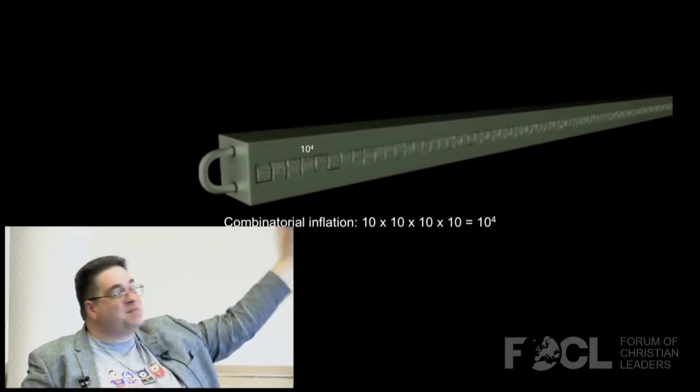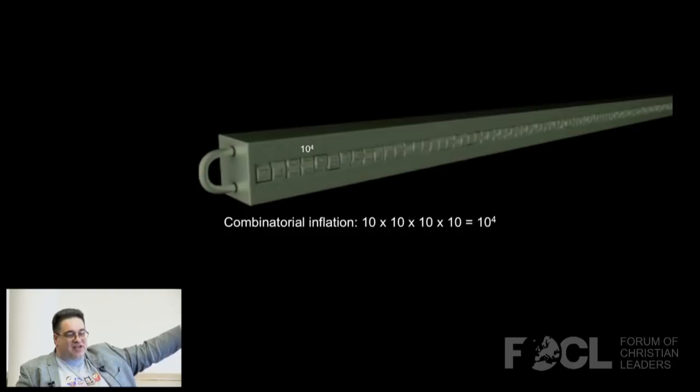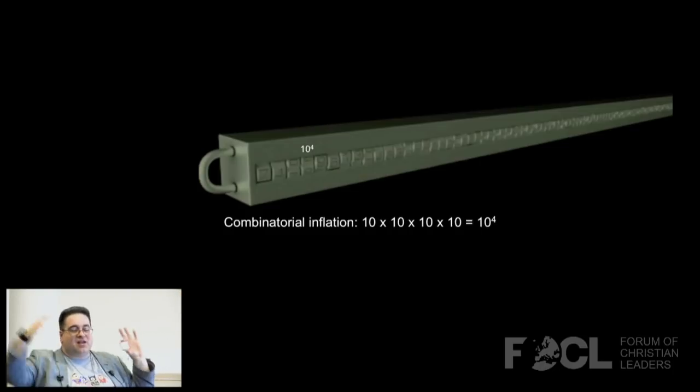So the more tumblers you have, the possibilities increase kind of exponentially, as it were. You get a huge inflation the more tumblers that you have. So here's a great big long combination lock. There's 10 to the 4 with 10 there, and we go up, and we'll come back to this as an illustration of the probabilities involved in prophecy if we go through.